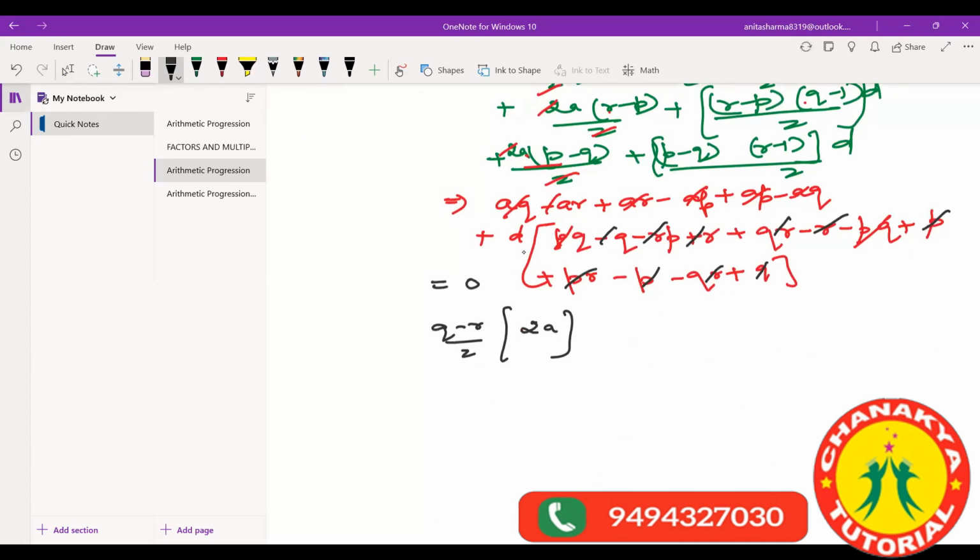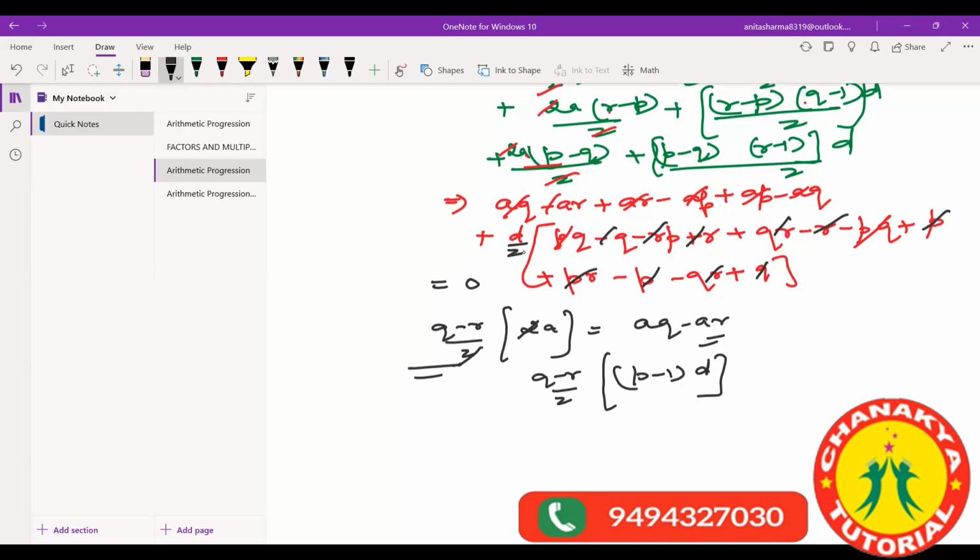So when you are multiplying, the 2 gets cancelled. And you multiply this A by Q, it will be AQ and AR. Got it? And see, Q minus R is there, divided by 2. And inside, suppose P minus 1 into D is there.